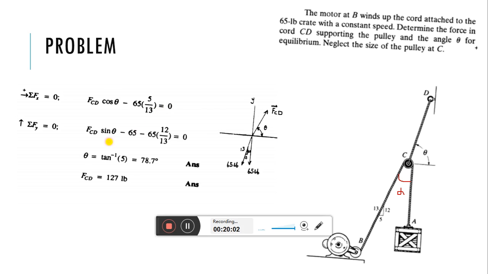You cannot find out right now because there are two unknowns: one is FCD, another is theta.